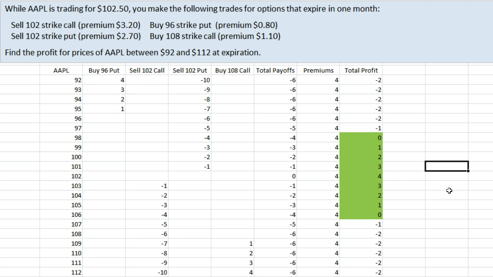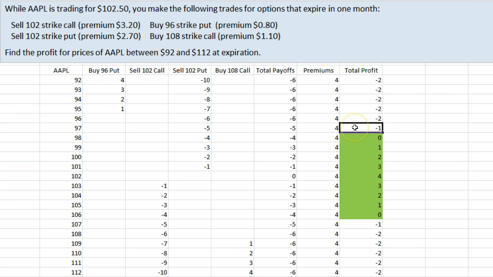In this particular case, this happens to be a version of a butterfly spread. We make the most profit when the stock price does not change. It's currently trading for 102.50. If it stays around 102, we end up at the most profit we could possibly have. As the stock price changes in either direction, we start to lose money or have less profit.